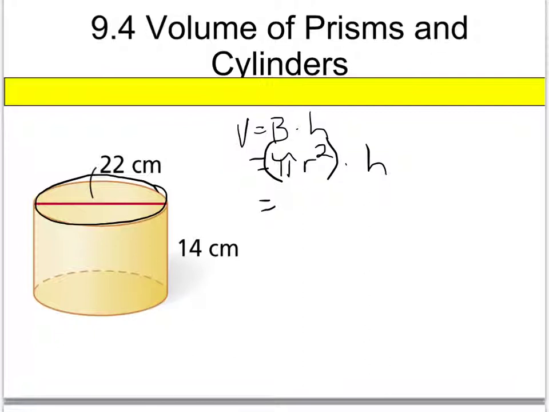Okay, so when you take pi times your r squared, what is the radius of this circle? Yes, it is 11. So you're going to take pi times 11 squared and multiply it times the overall height of your cylinder, which is 14.